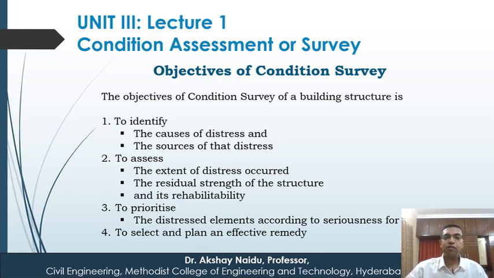That means whether the structure is in a position to repair or it has gone beyond that. That we can't do anything, we just have to demolish and reconstruct. Third, to prioritize the distressed elements according to the seriousness for repairs, and to select and plan an effective remedy.